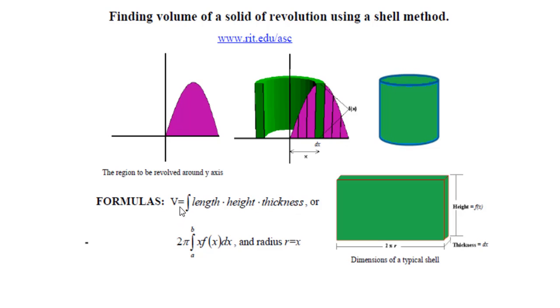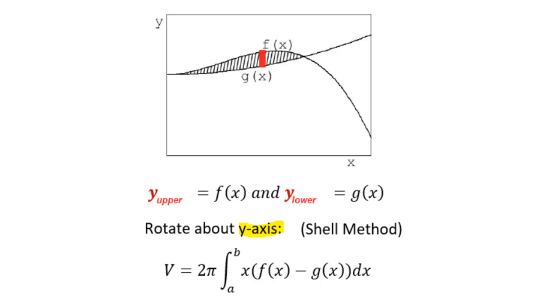So the volume equals 2 pi times the definite integral from a to b of x times f of x dx. The radius is x, and from a to b, this interval is the x value.